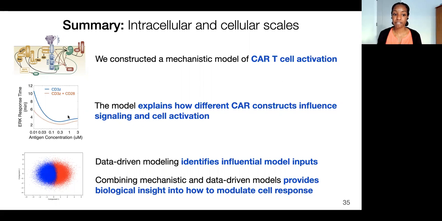So even at very high antigen concentrations, there can be a slowing down of the ERK response that also influences the level of phosphorylation of ERK. And so I think that it makes sense that there's a bistability in the system, and that it doesn't necessarily depend on how much of ERK is there, but really, given the amount of ERK that is there, what is the recruitment and the phosphorylation rate of these downstream signaling species?